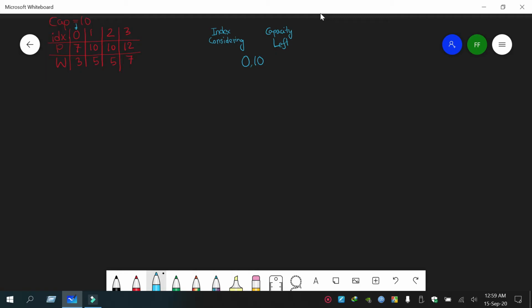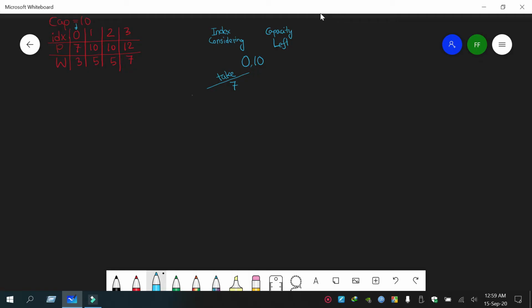Let's say the left branch will be that we take this item. If we take this item then we actually get some price for it, right? We can sell it later and get 7 units of money. And when you take an item, you have finished considering this item, so you will never consider this item again.